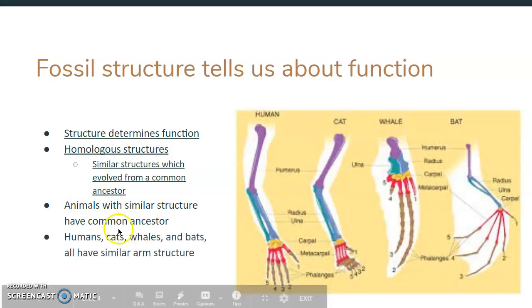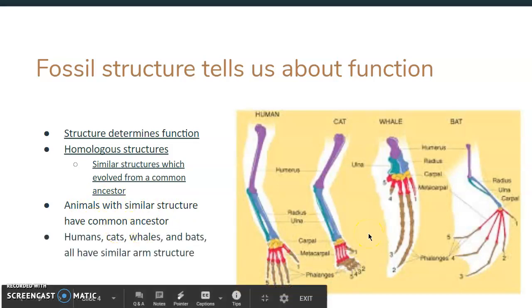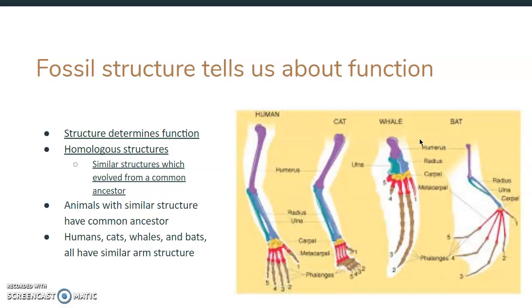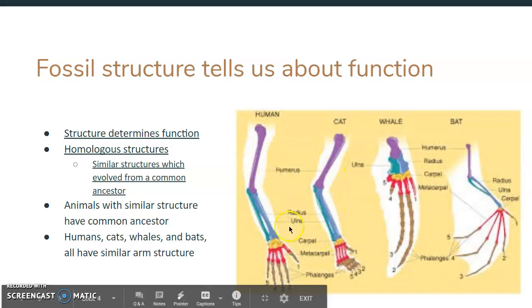So we can look at our picture and we can look at an arm of a human, of a cat, of whales, and of a bat, and notice a very similar structure. So we have an arm bone, which is the humerus, going into a radius and an ulna bone, and then we have a group of small bones, which becomes the wrist, and then fingers.